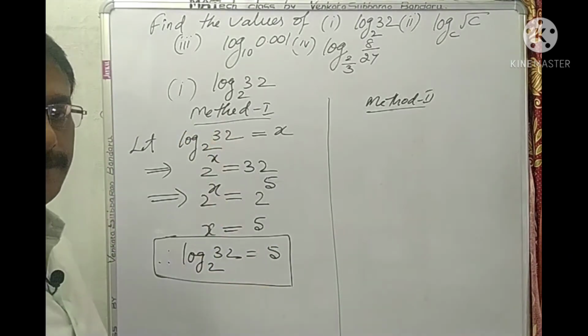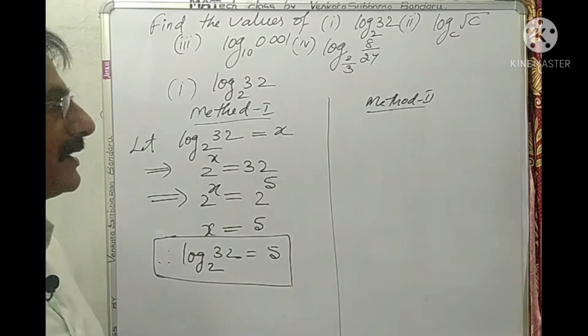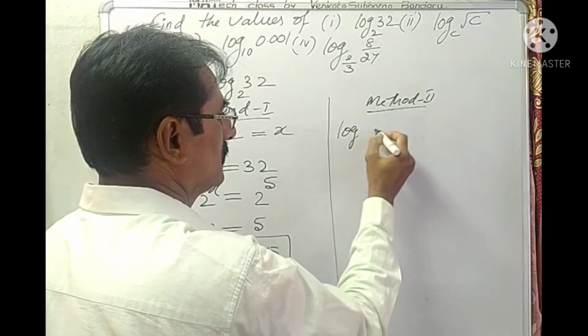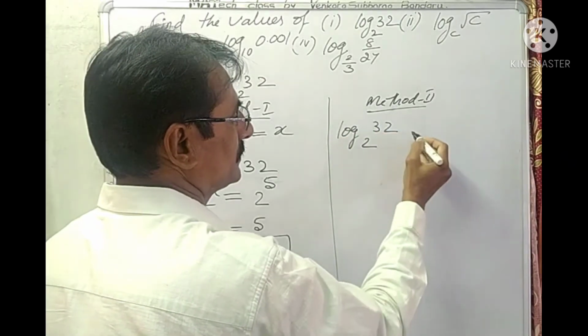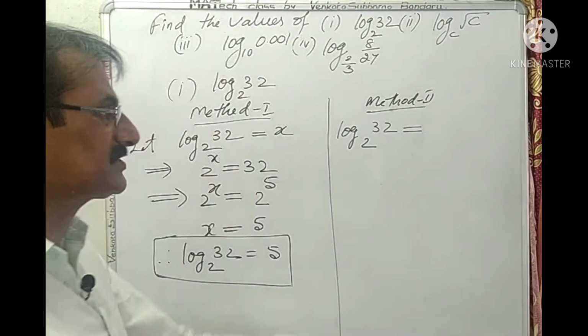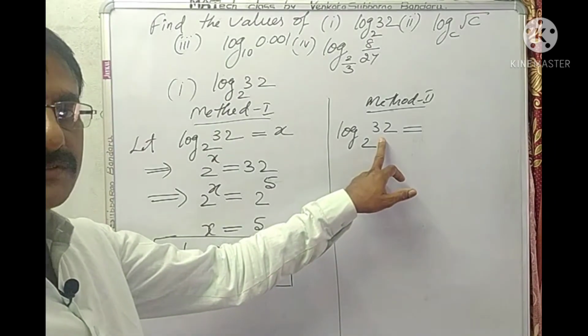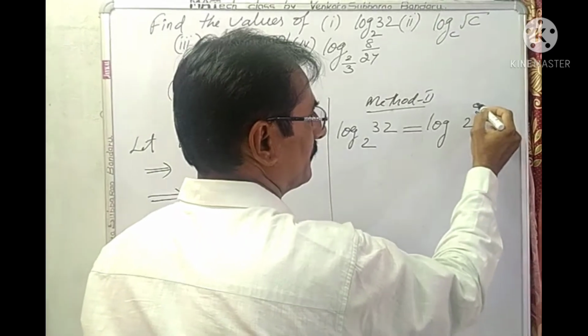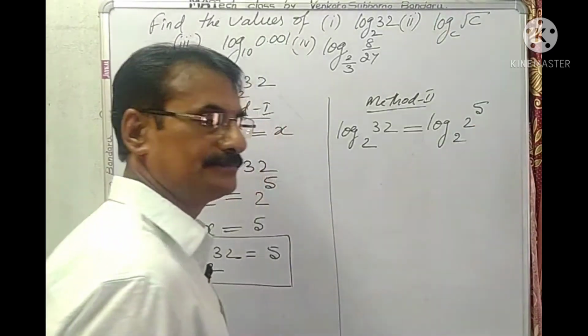You understand this method? Now go to another method. In this method, let's take the given log 32 base 2. First write 32 as a product of primes: log 2 to the power of 5 base 2.